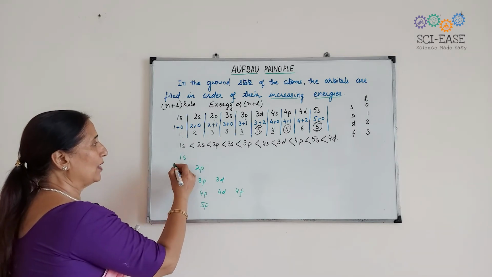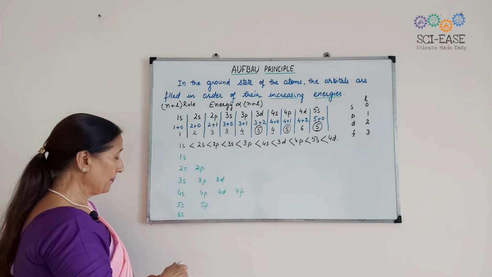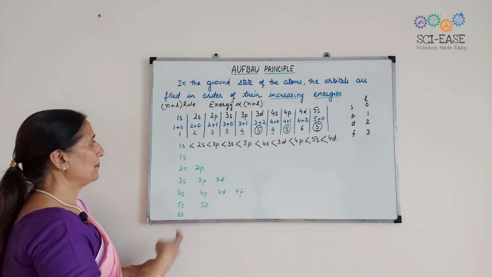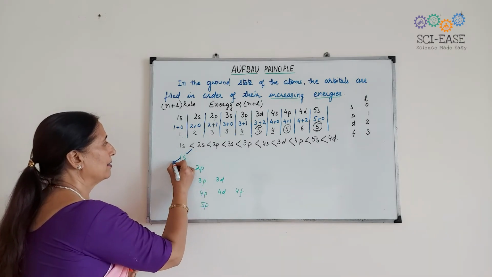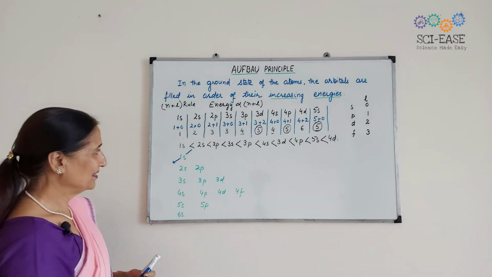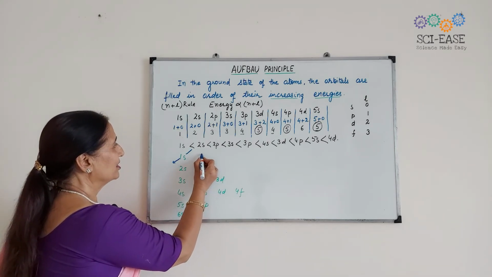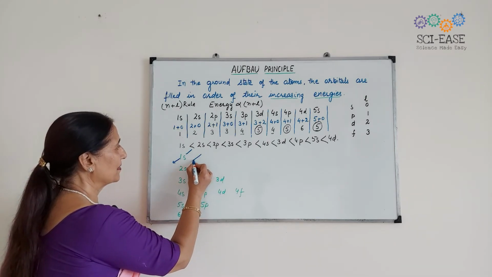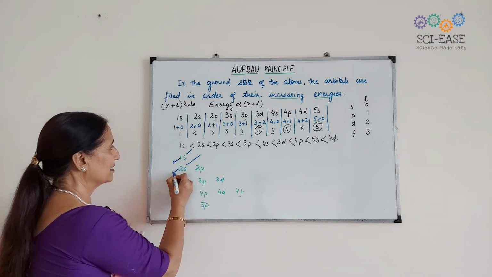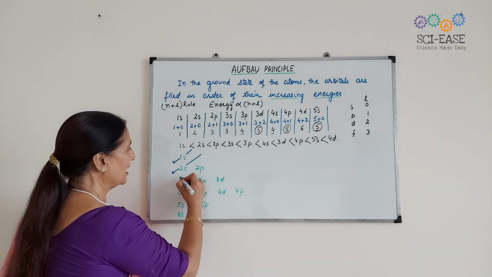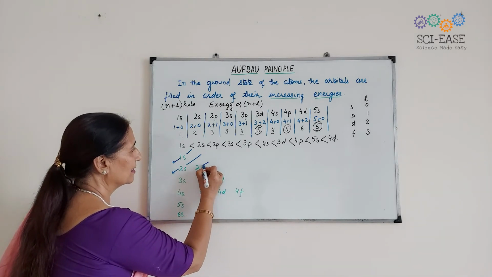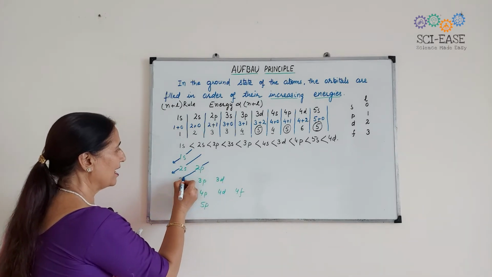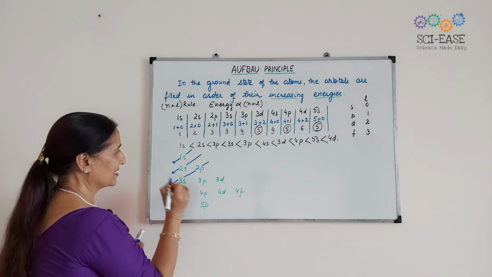So first is the 1s. Okay? So how will it be filled? First the electron will go in 1s. Okay? Then 2s. It will go like this. Then again here it will go like this, 2p and 3s.